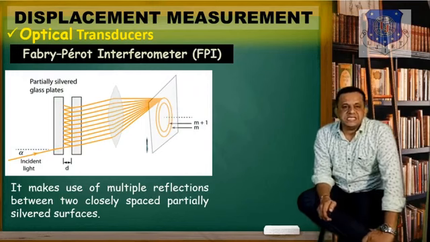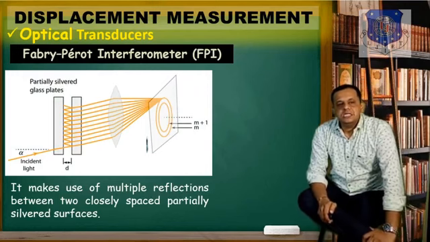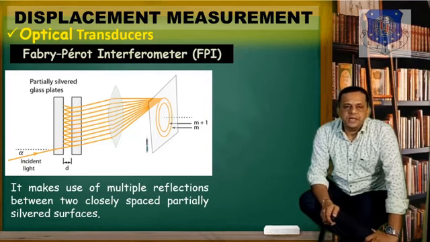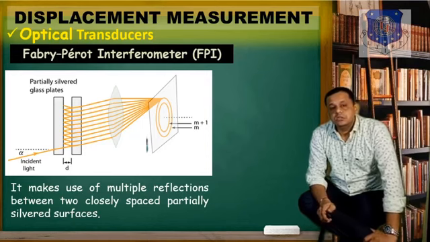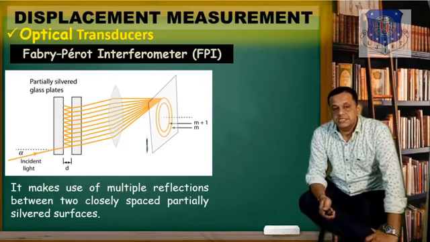So you see here the incident light at the angle alpha and the small distance d. The glass plates or silver plated plates are there, and the reflections are measured on the detector. That may be a digital detector, or it may be an analog detector.